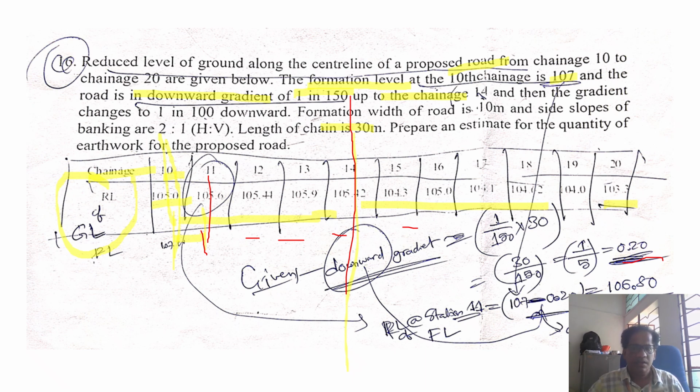Now it is 1 by 100, that means 30 by 100, minus 0.3, right from 15, minus 0.6 at 16, at 17 minus 0.9. So this is the way to compute formation levels. The questioner has given only the formation level at the starting chainage, not the rest of the chainages. That is our contribution, that we successfully calculated right now.